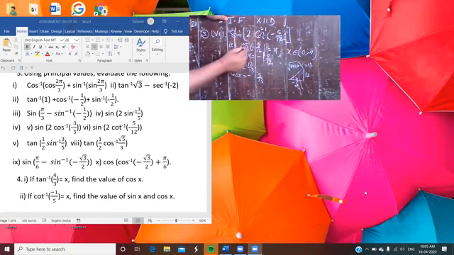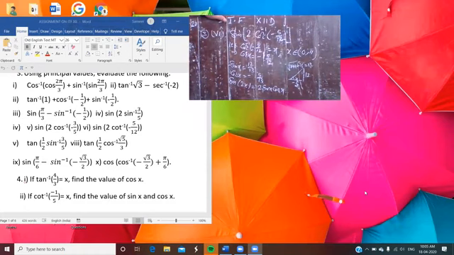So if you put cot inverse minus 5 by 12 as x, the required function becomes sine of 2x, and you know the value of sine 2x can be written as 2 sine x cos x. Now putting the value of sine x and cos x, you will have the value of the required function.